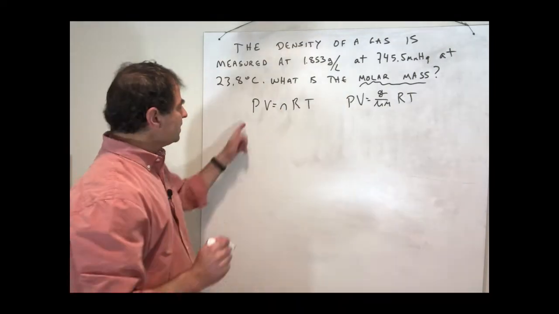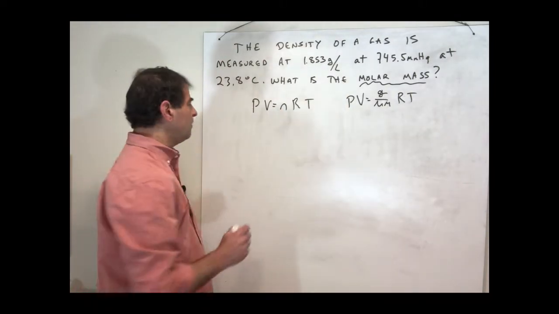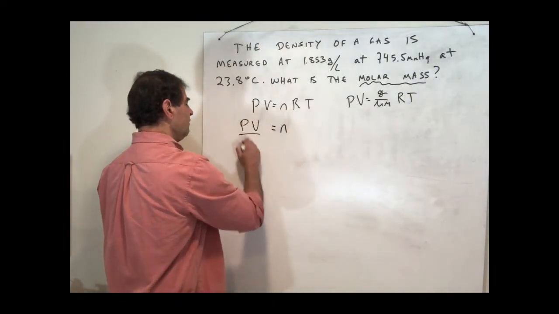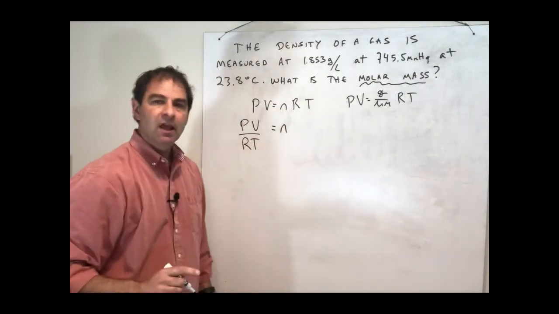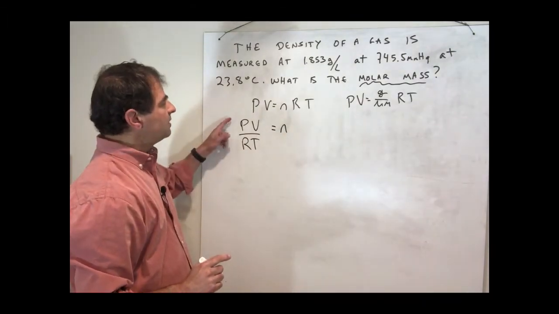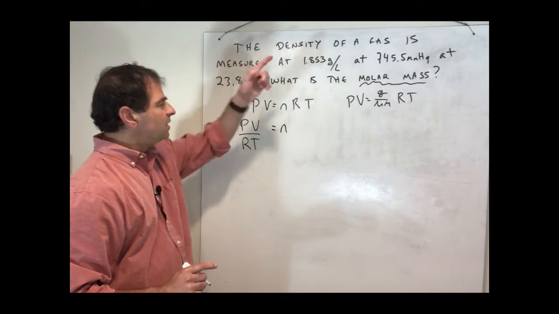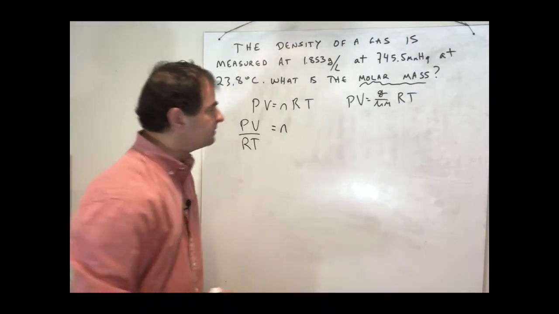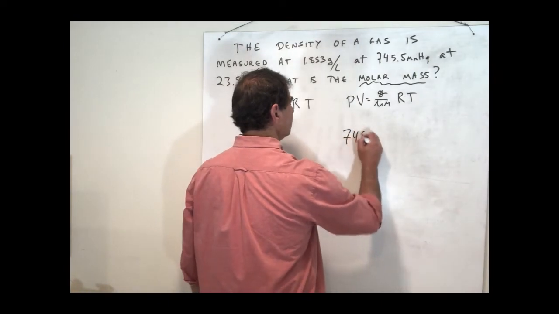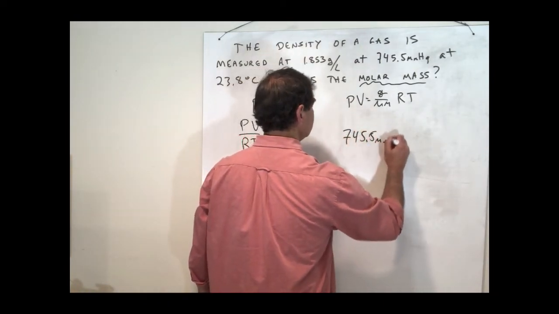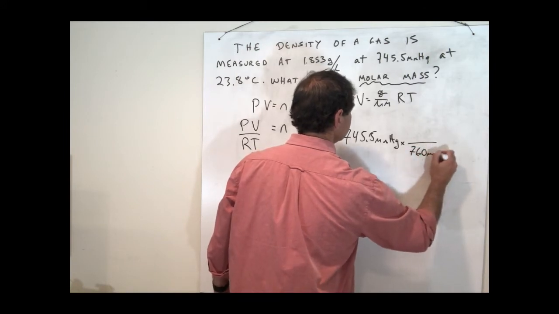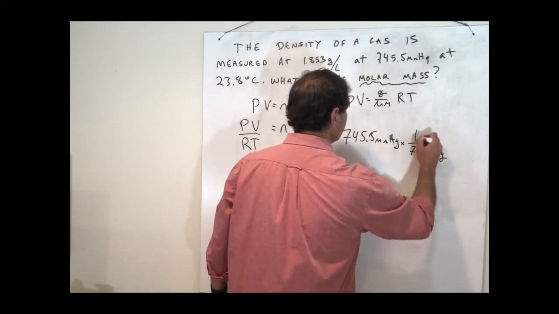So first I can solve this for moles. Moles equals PV over RT. Now I can substitute numbers in. My pressure is in millimeters of mercury, and I need it in atmospheres. To do this conversion, I take 745.5 millimeters of mercury, and we know there are 760 millimeters of mercury in 1 atmosphere.